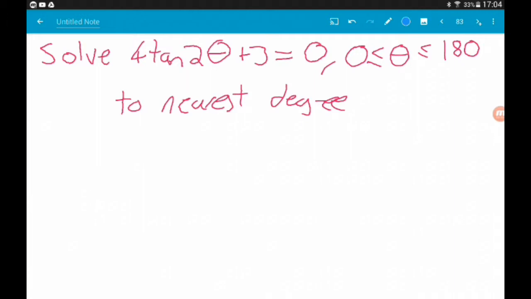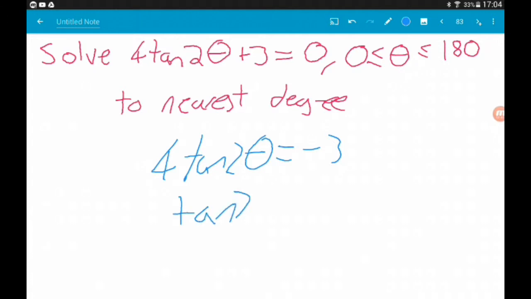First move, take the 3 away. So we've got 4 tan 2 theta equals minus 3, and then divide by 4. We've got tan of 2 theta equals minus 3 quarters. Okay, so that is the equation that we want to solve.